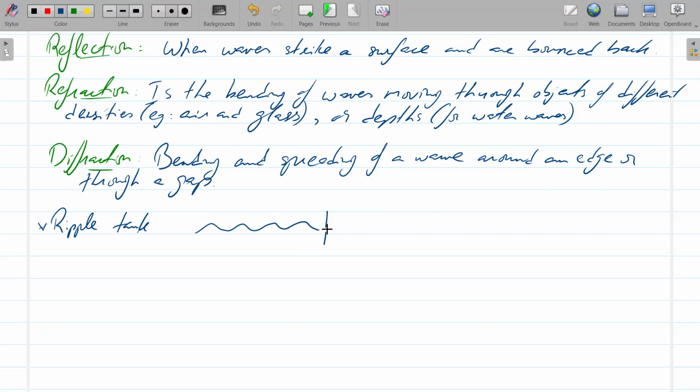And so when the water waves go in, they sort of spread from here, or they bend, if it's refraction, and so they sort of bend. So it depends what's going on.